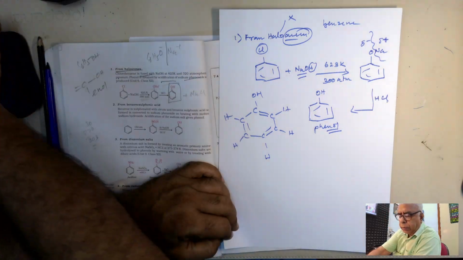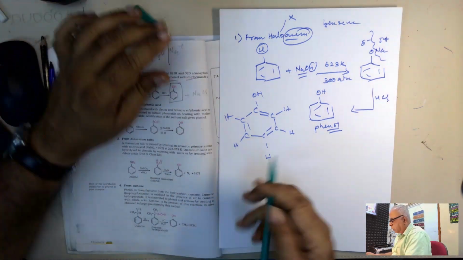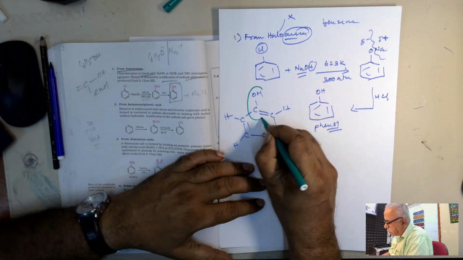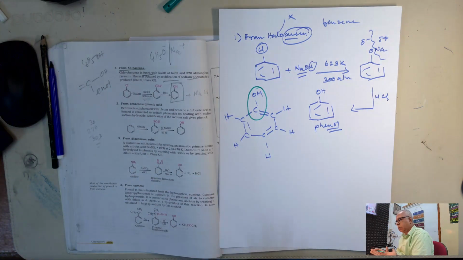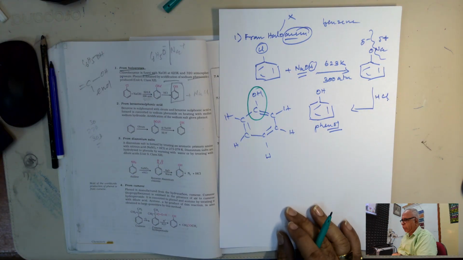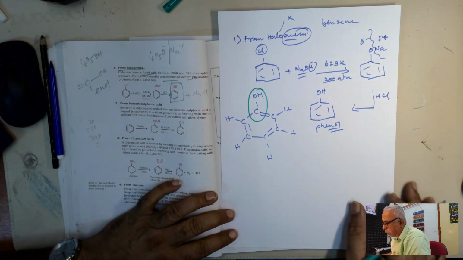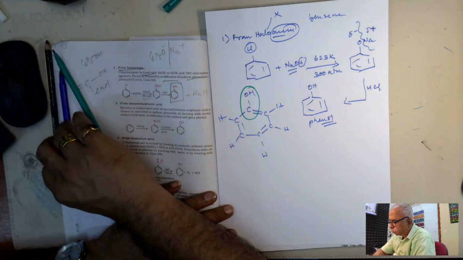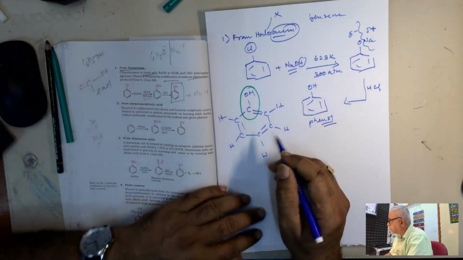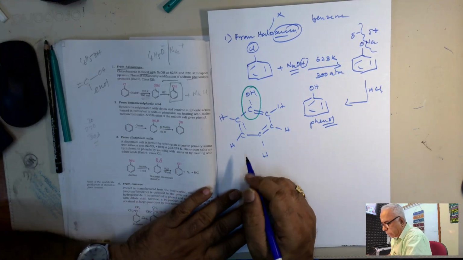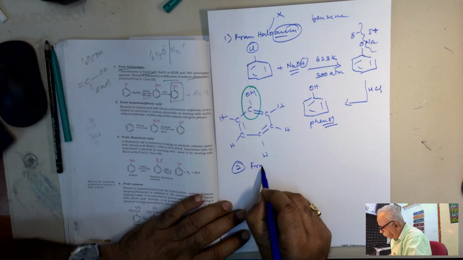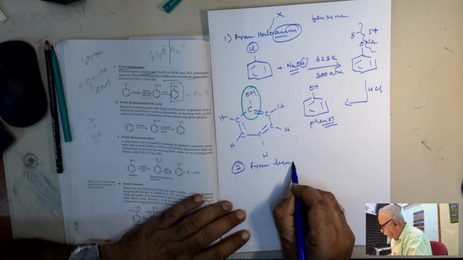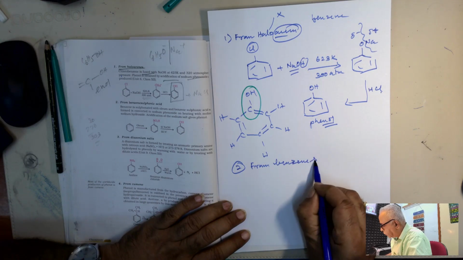So we have the unsaturated carbon atom attached to hydroxyl group, and that's why it's called enol. Got it? Next method of preparation, that is from benzene sulfonic acid.